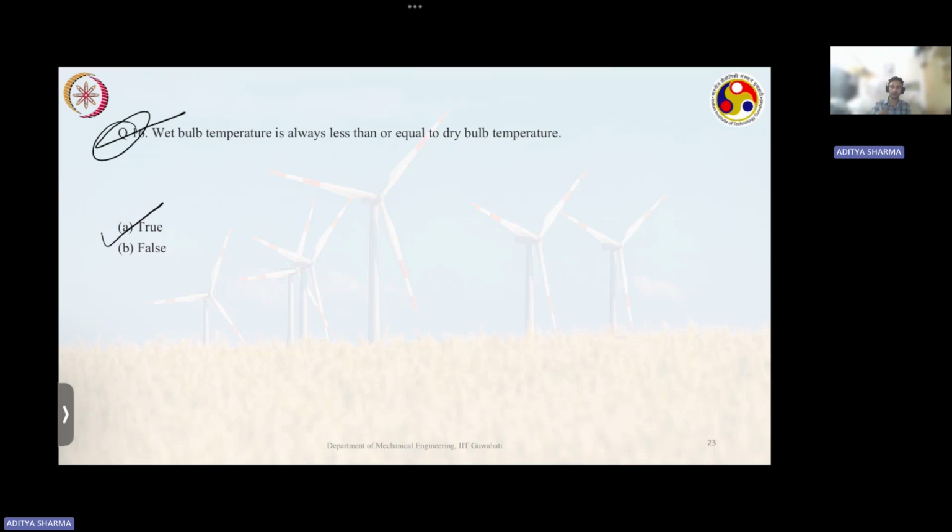The cooling effect is sensed by the thermometer, and this cooling effect depends on the saturation of air also. So the higher the saturation, the less will be this cooling effect, and the lesser the vapor content in the air, the more will be this cooling effect. Okay, so this is a true statement.